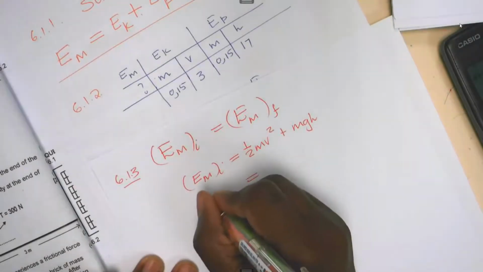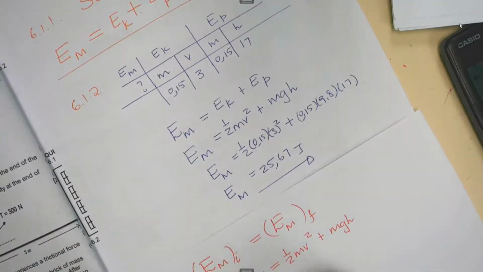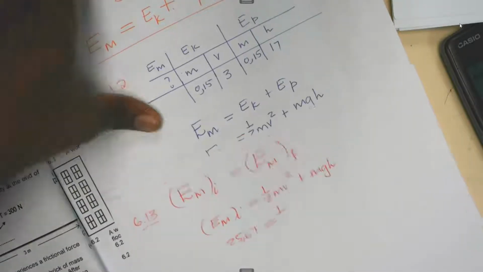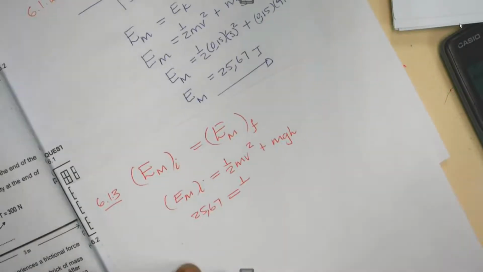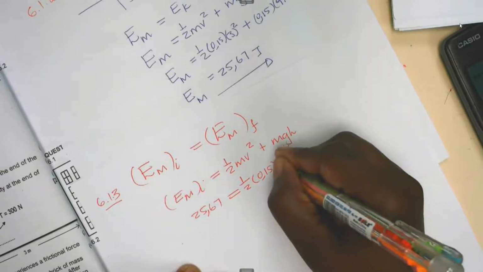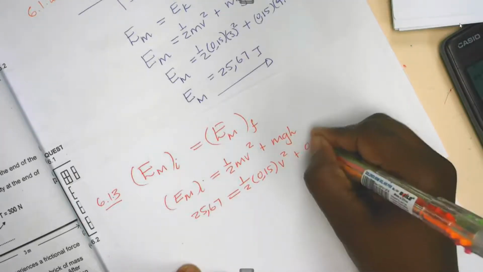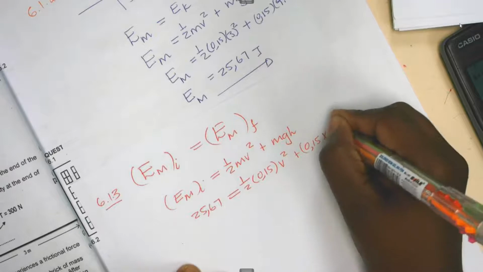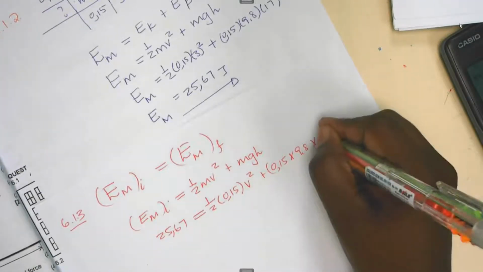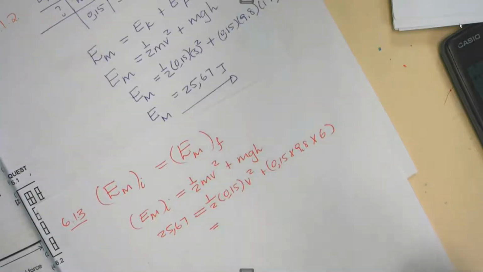Then we've got 25.67, and we substitute half times 0.15 times the velocity squared, plus 0.15 times 9.8. Now it is at a different height of 6 meters above the ground.